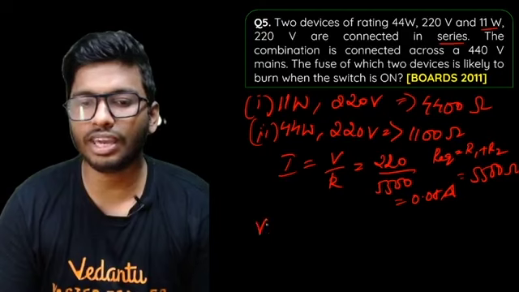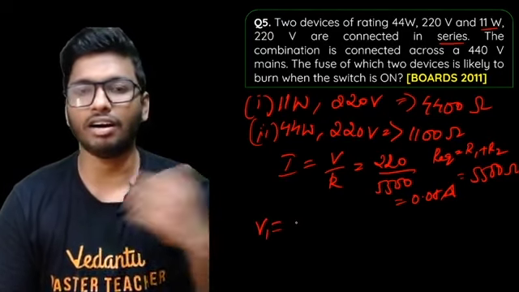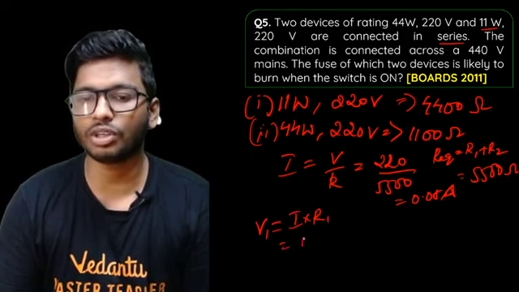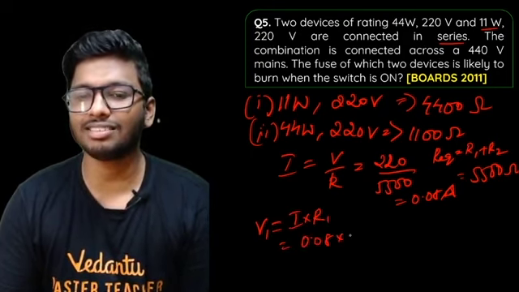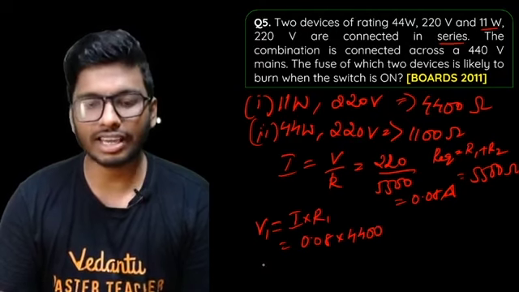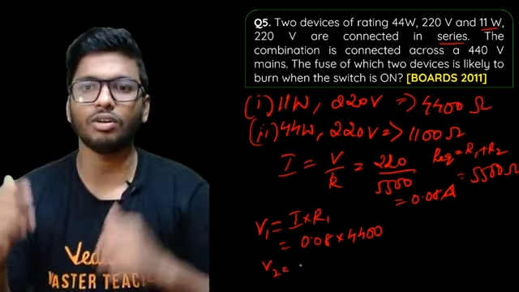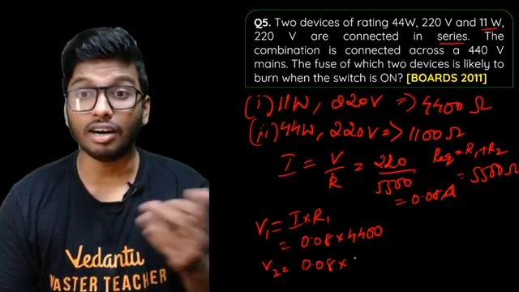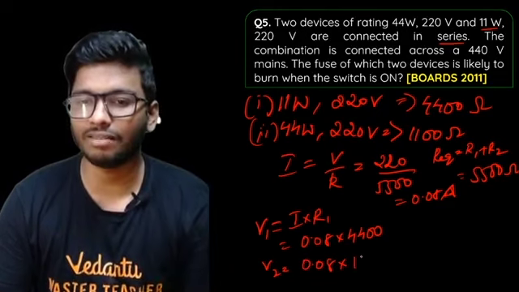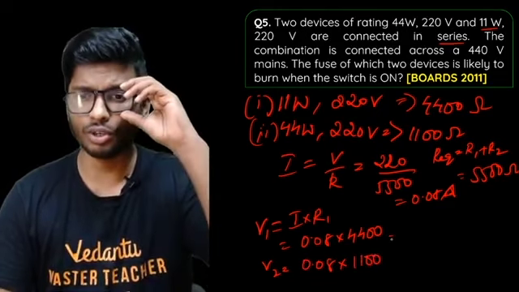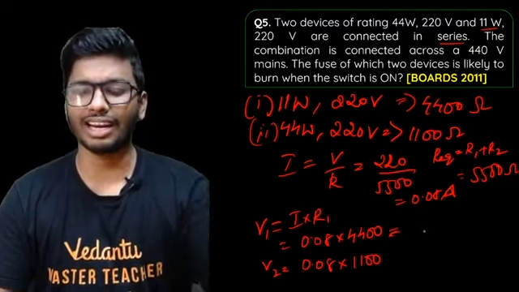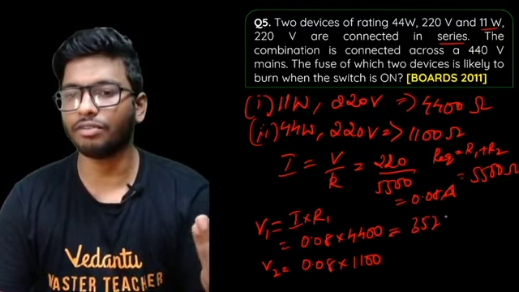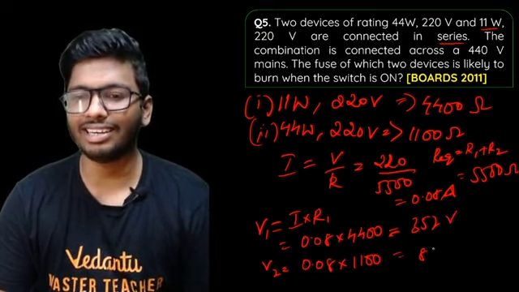So potential difference V for the first one is again I into R. So I into R1, 0.08 into the resistance 4,400, and for the second one, V2, the potential difference across the second device, is 0.08 into the resistance of the second one, 1,100. If you calculate it, you'll get the answer as 352 volts, and around 88 volts.